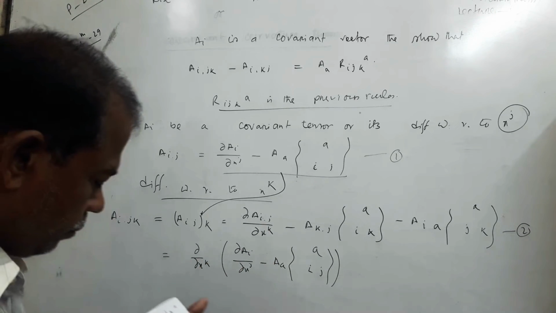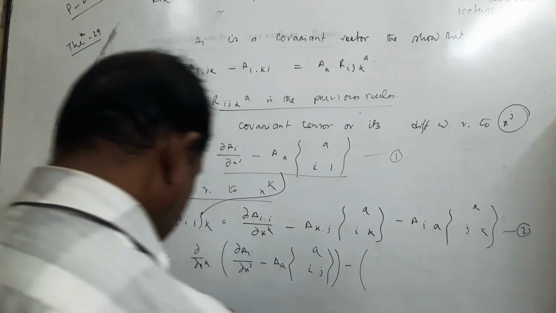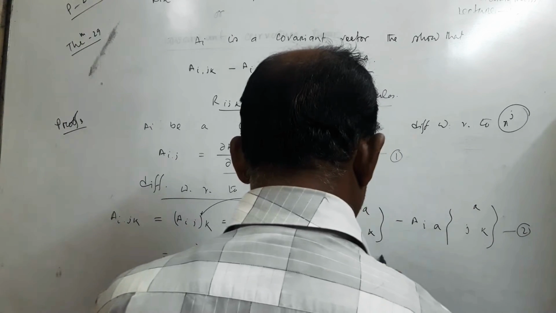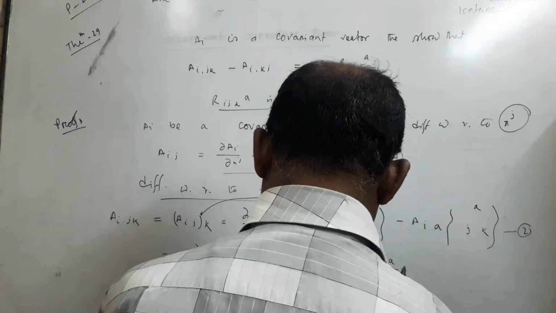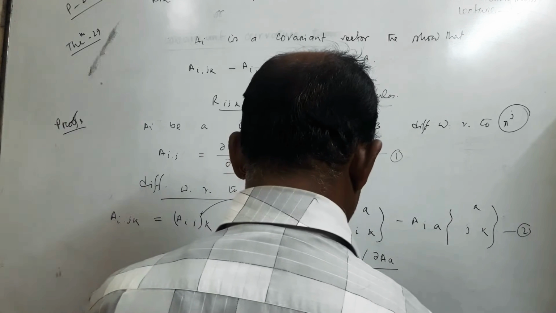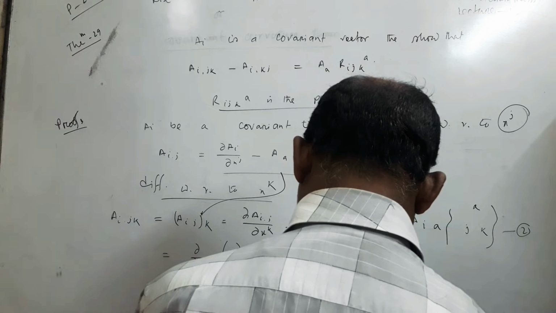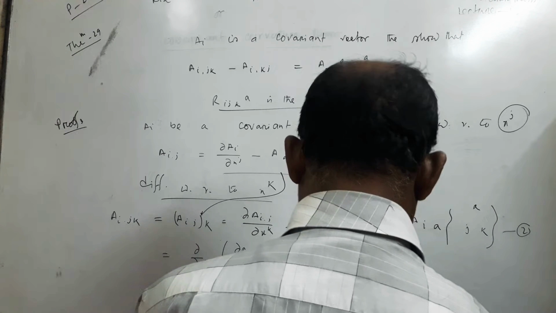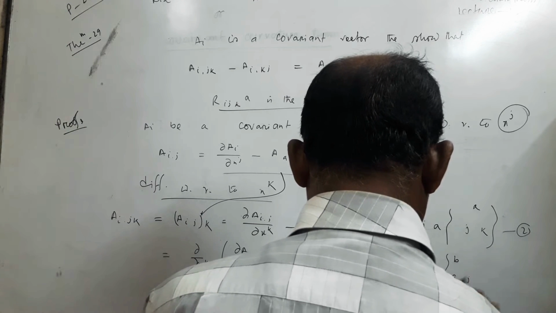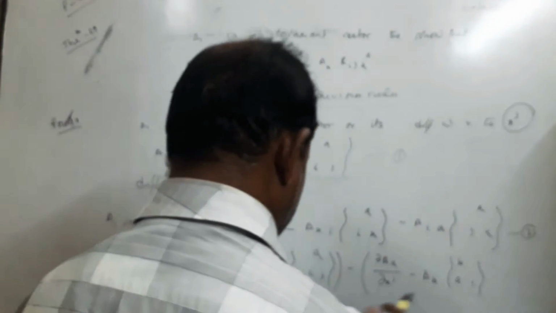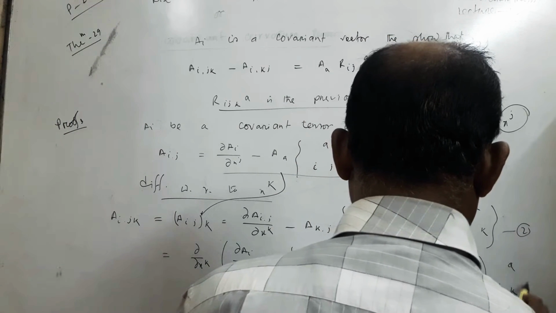Minus this formula del a divided by del xj minus ab into a I k.